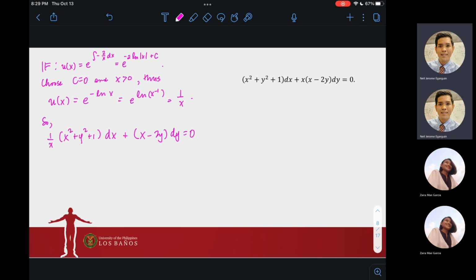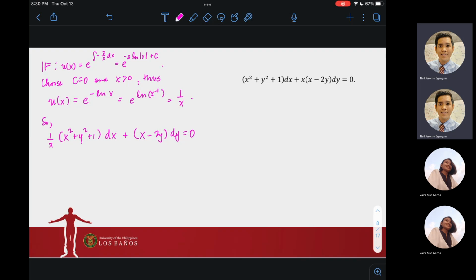Yes, Ira? May nakalimutan ba akong gawin? Bakit hindi sinama yung x?